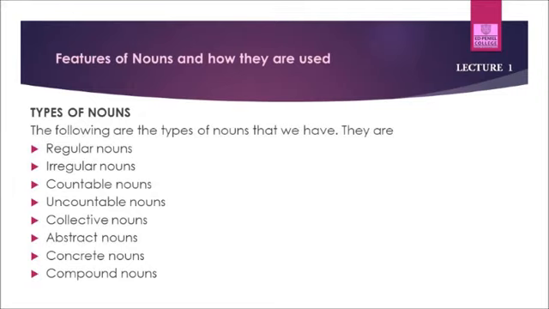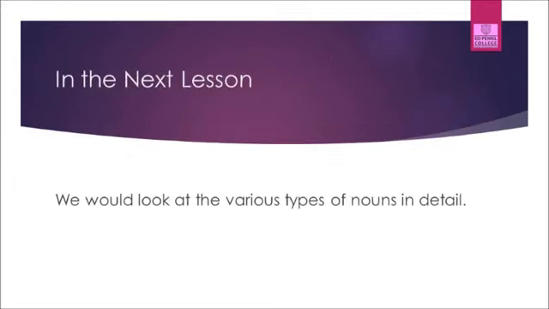So in our next discussion, we'll pick each of these noun types and look at how to handle them when we are writing our text, or communicating in any business organization.